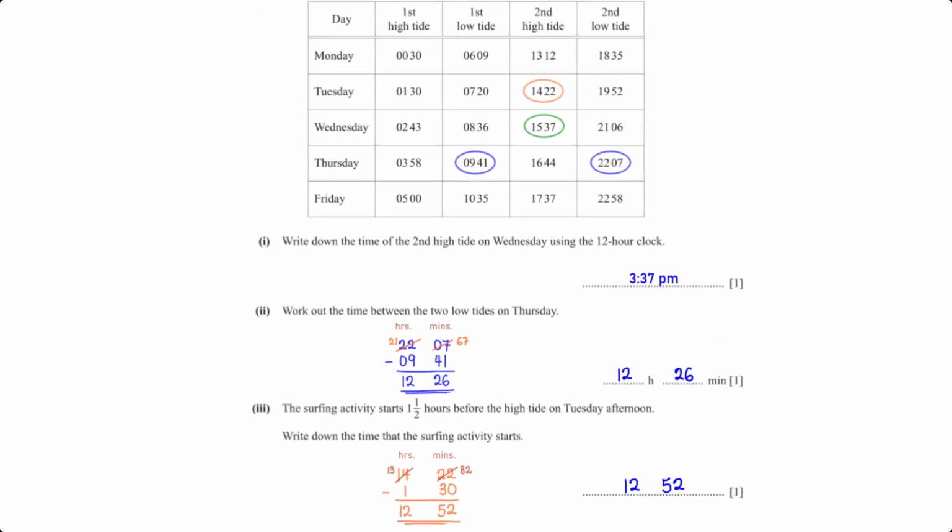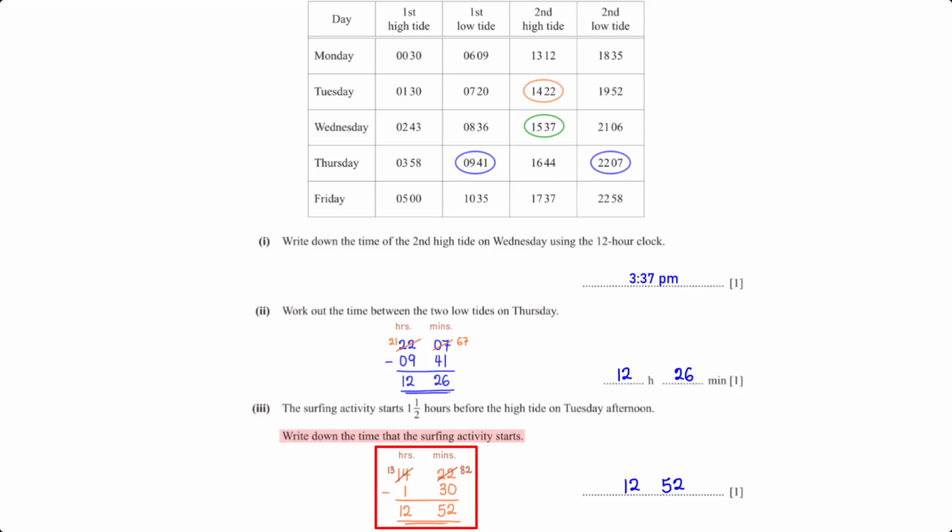The surfing activity starts 1.5 hours before the high tide on Tuesday afternoon. Write down the time that the surfing activity starts. The high tide on Tuesday afternoon is at 14:22. 1.5 hours is 1 hour 30 minutes. So to get the time the surfing starts, we subtract 1 hour 30 minutes from 14:22.